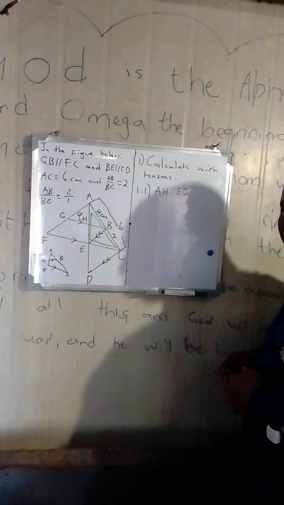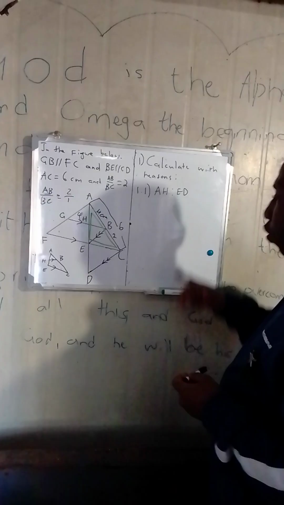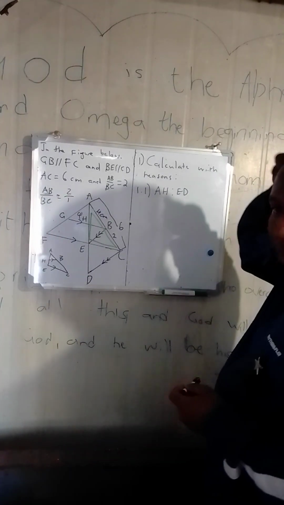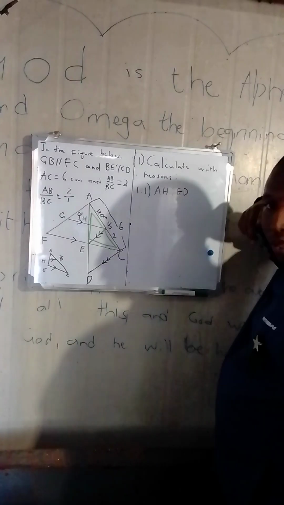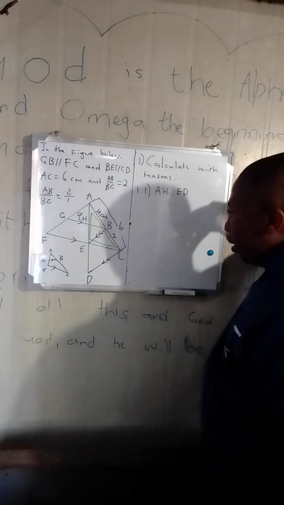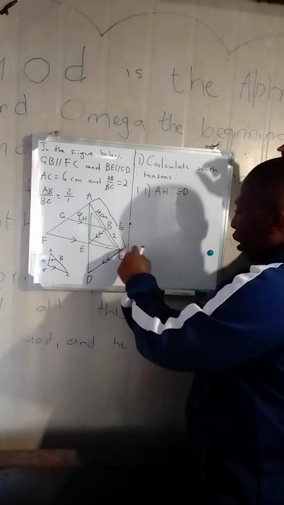We are looking for the value of ED. Let's find ED. So how do we find ED? ED is on triangle ADC, so I can rub this one out.